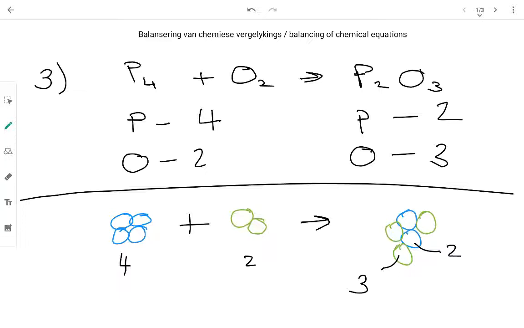The following step, I need to put a coefficient in front of one of my molecules or compounds to balance it out. Just something that you must remember is that you cannot say I'm going to add 2 molecules of phosphorus on my right-hand side or take away 2 phosphorus atoms on my left-hand side.